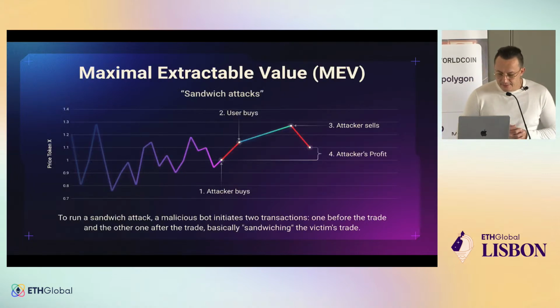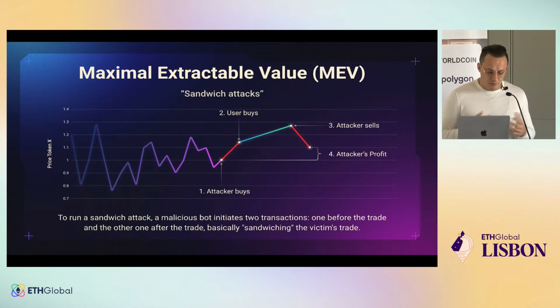The MEV attacks, if someone doesn't know how that works in terms of math. Someone is monitoring the mempool and analyzing, making it make sense to exchange before you and to exchange after you, to extract value from your trade, if you, for example, are exchanging directly on Uniswap.